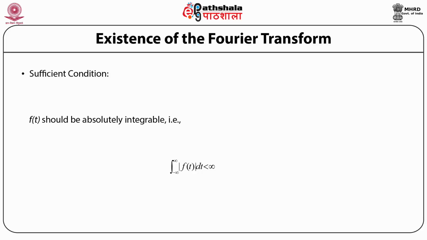This is the condition for existence of the Fourier transform, which means when you integrate between any limits over time dt, the value should not reach infinity. It should be some sizable number.